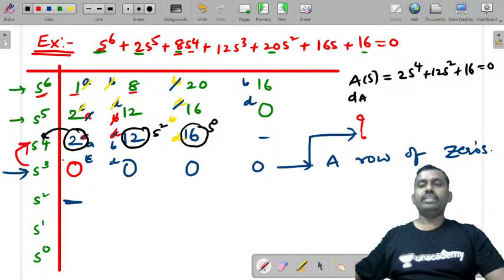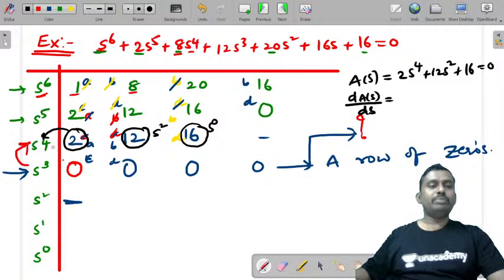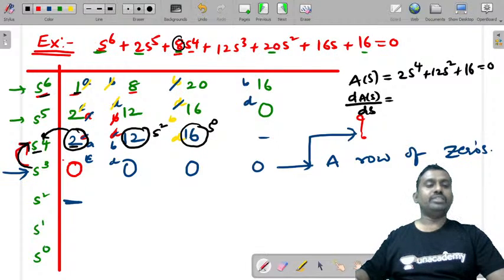And you need to differentiate this auxiliary equation with respect to s. Once again I am repeating, consider the row above the all zeros row, and because this one was the coefficient of s power 6, we can take 2 as the coefficient of s power 4, although it is not the exact coefficient of s power 4 here. This is s power 4, this is s square, and this is s power 0.